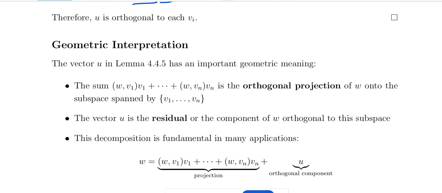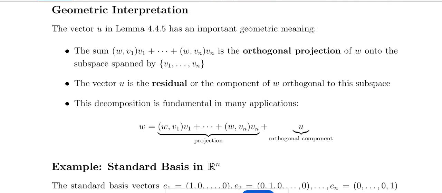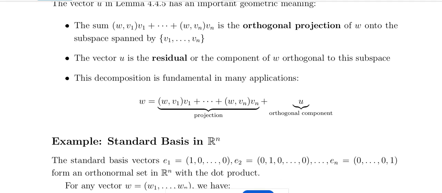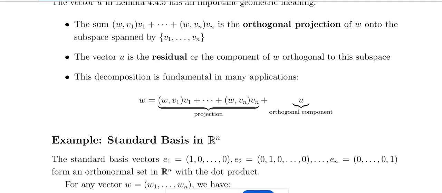You cannot memorize all this, but you can prove it. And this is called the orthogonal projection of w. Okay, this collection is called the orthogonal projection of w onto the surface spanned by v1, v2, vn.